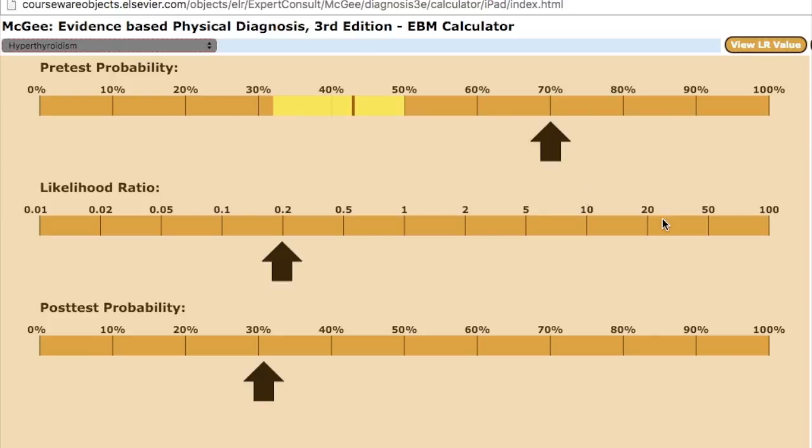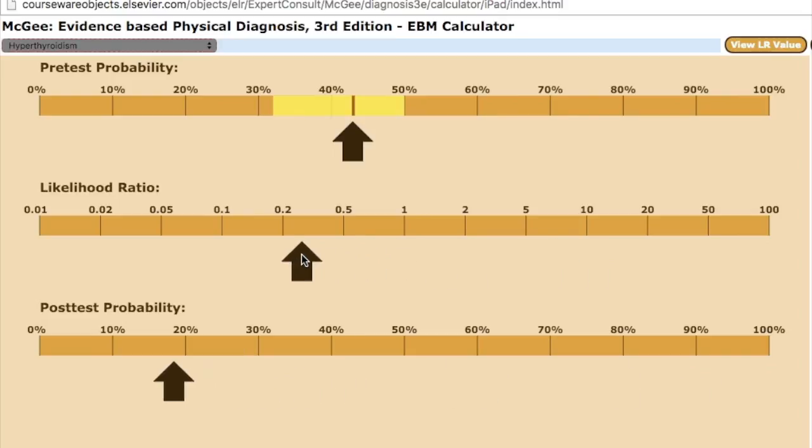So let's take a look at another physical exam finding, fine finger tremor. Remember, that had a positive likelihood ratio of 11.2. So if you have your patient extend their hands and you see a fine finger tremor, then it takes your likelihood from around 40% to 90%. Again, that's a very strong positive likelihood ratio that significantly changes the way you think about your patient's pathology.